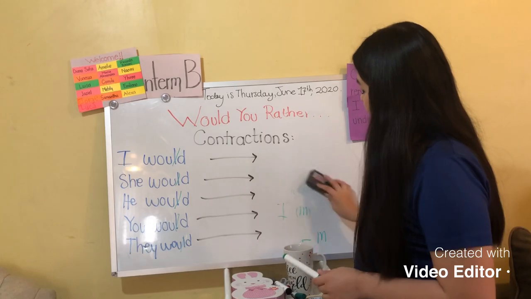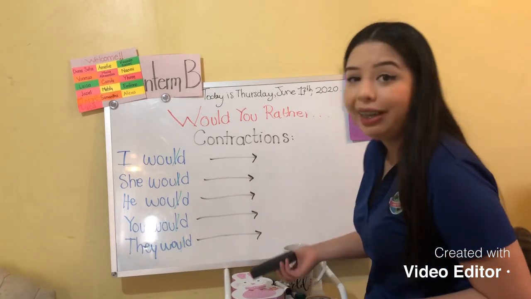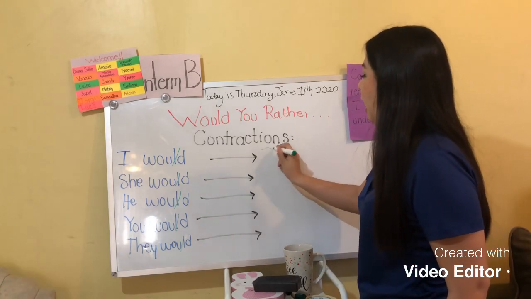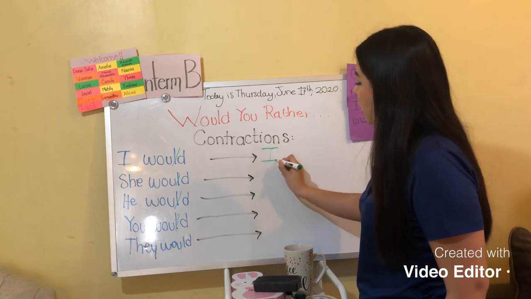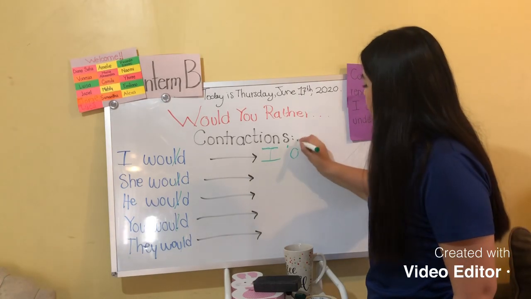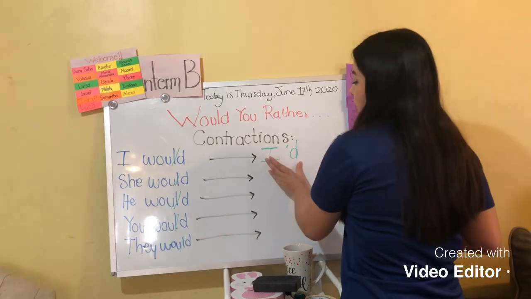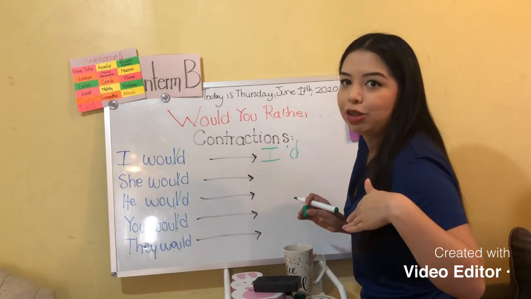So for the contraction, it's a little bit different, okay? But don't worry because it's super easy. So when we have I would, we put the I, apostrophe, D. That's it. It's the same, but the contraction.